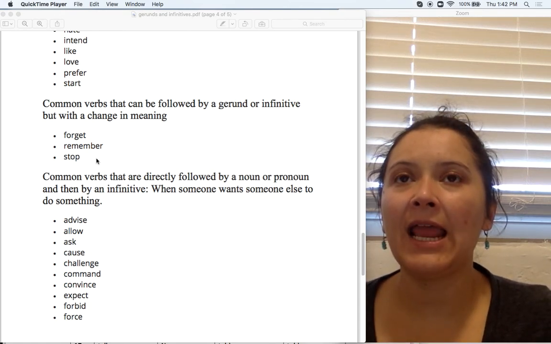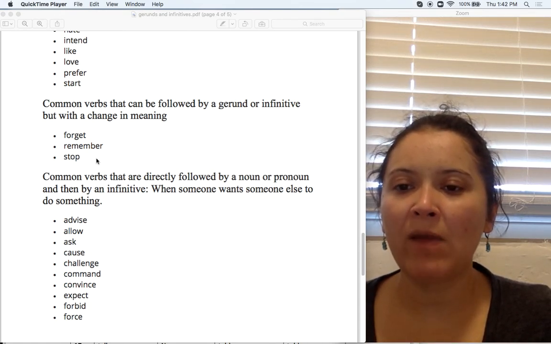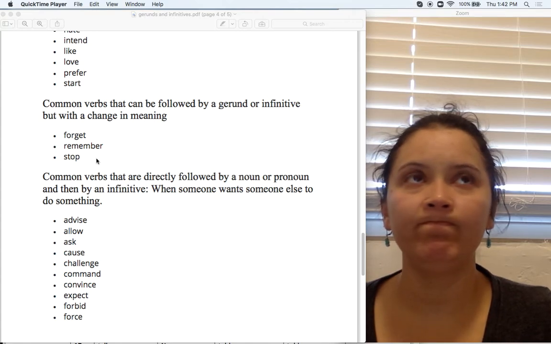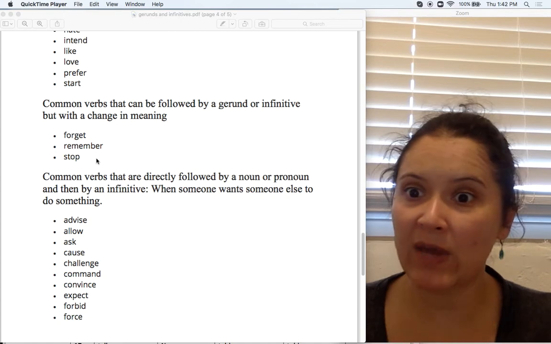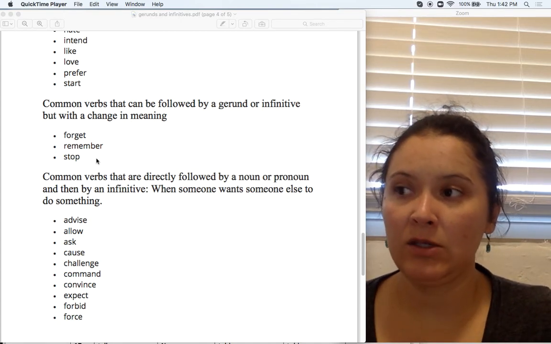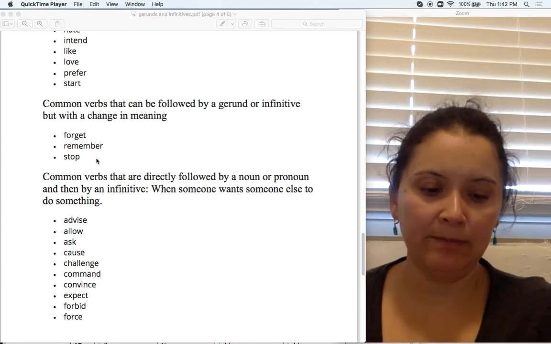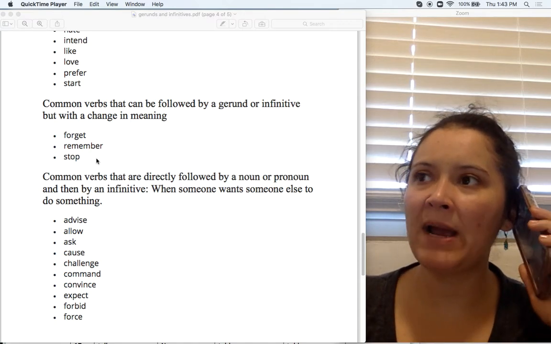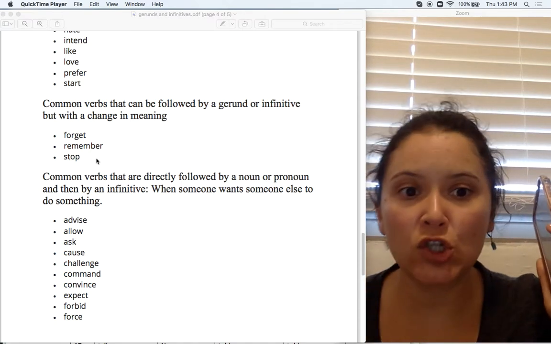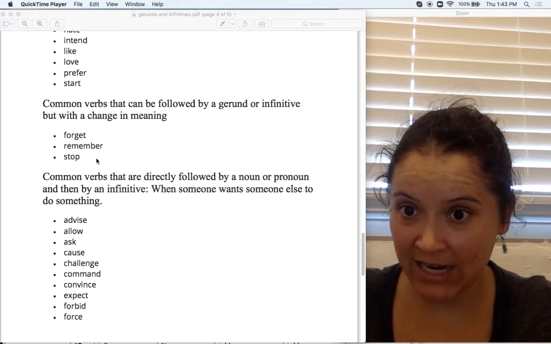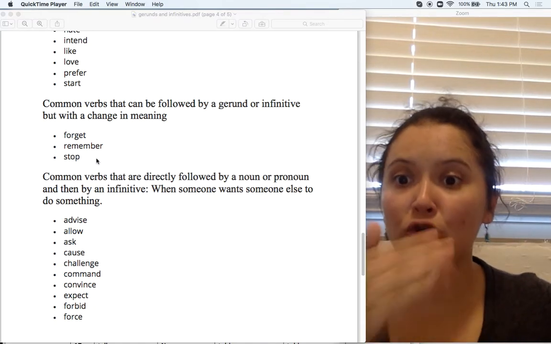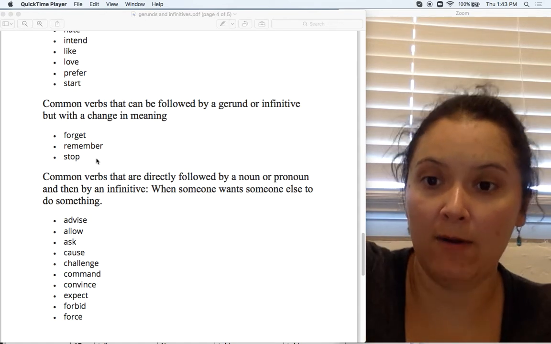Let's say that I'm on my way to school and I don't have gas in my car. So I'm here talking to my friend and I say, oh my God, I don't have any gas. I need to stop. I need to stop this action, right? I need to stop to put gas in my car.